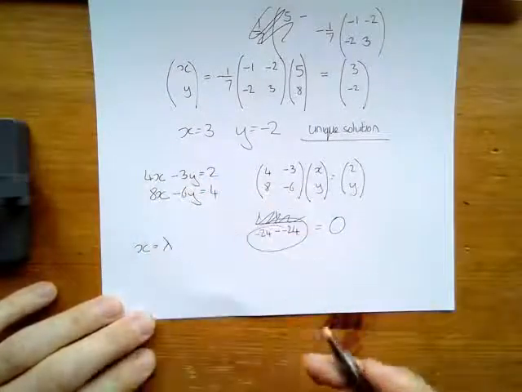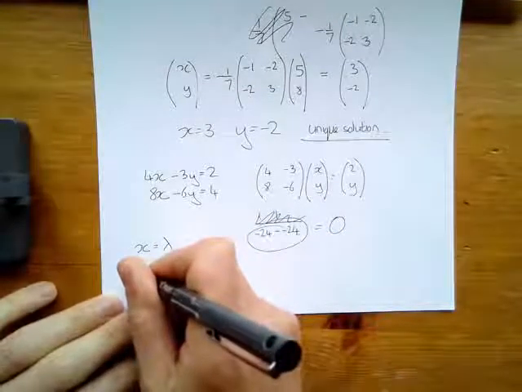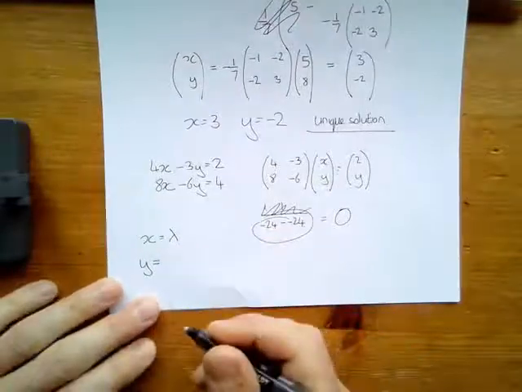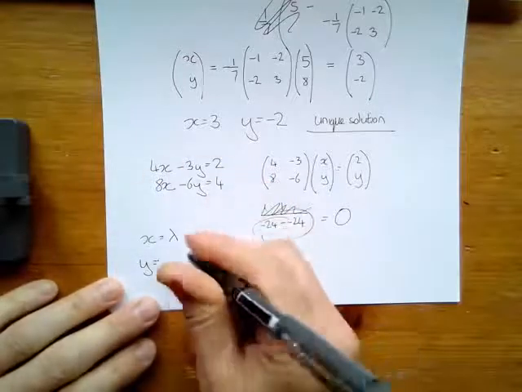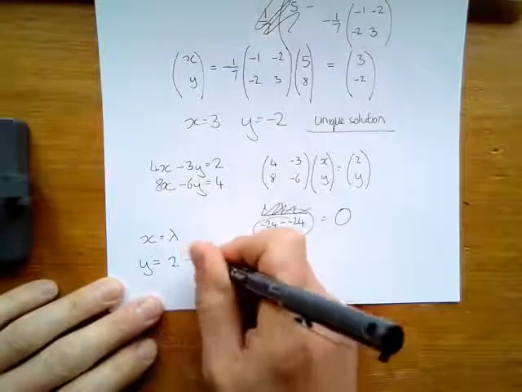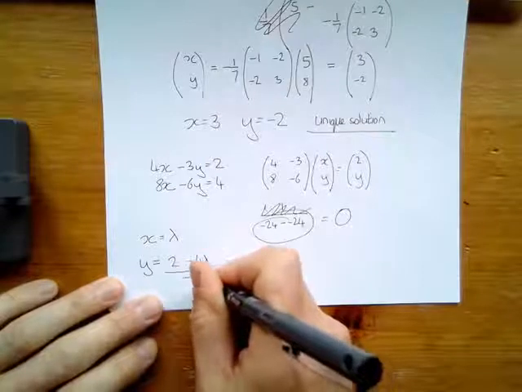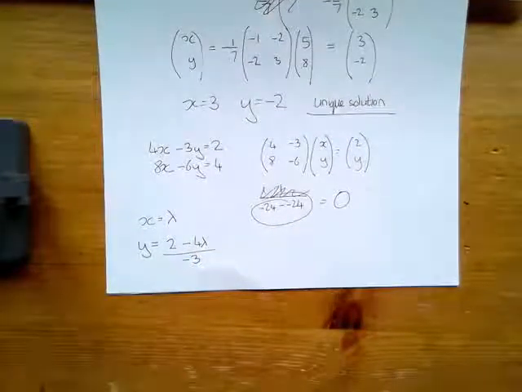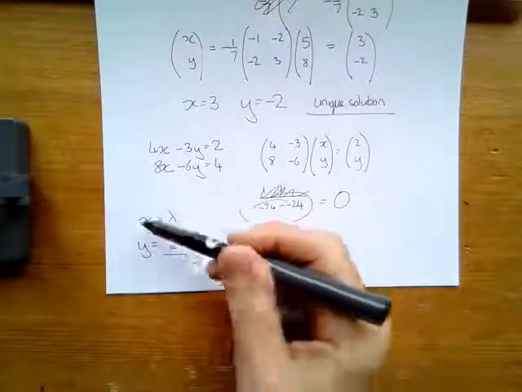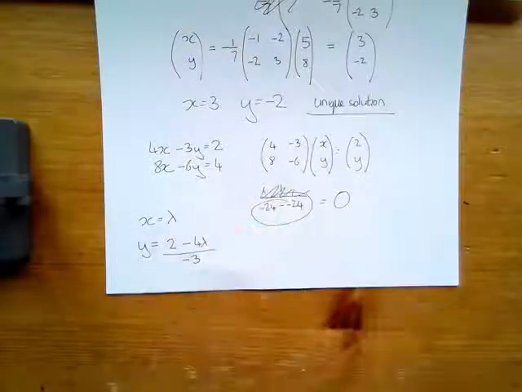Well, if we sub lambda into, say, the first equation and rearrange, y would be equal to 2 minus 4 lambda over minus 3. So you can have any value of lambda you like, and that would lead to a solution. And all this really is, is the equation of a straight line using a parameter.